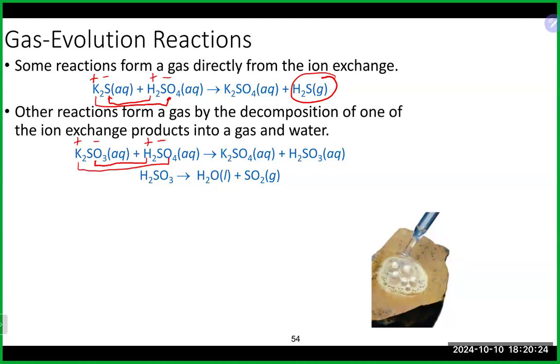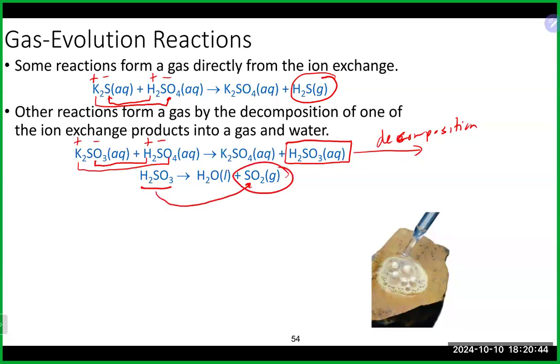Pretty rapidly, this sulfurous acid goes through another type of reaction, known as a decomposition reaction, which basically means it's just going to break apart. That's what we see here. This guy relatively quickly breaks apart and produces SO2 gas.